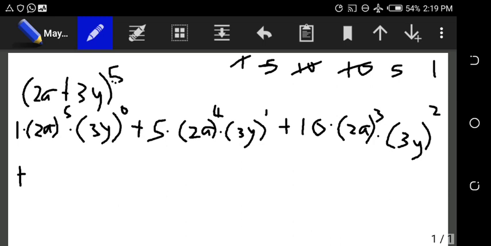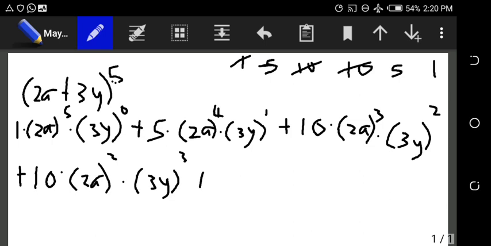We have 10 times the first term, which is still (2a) raised to power 2 now, times second term, which is (3y) raised to power, oh, that's 3 now.